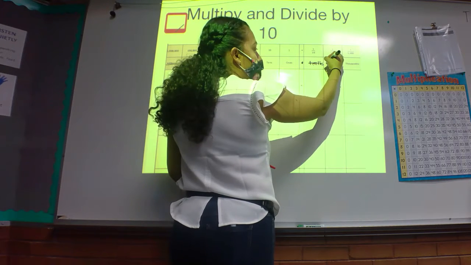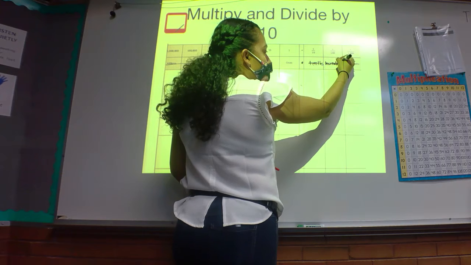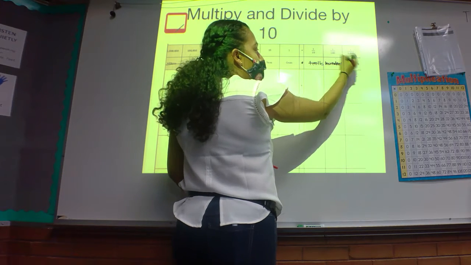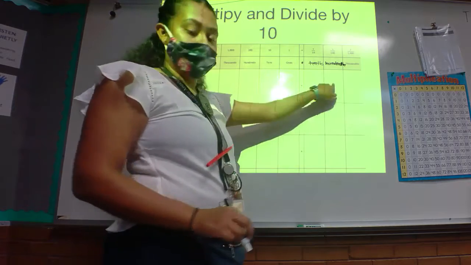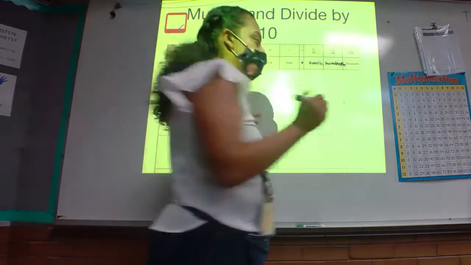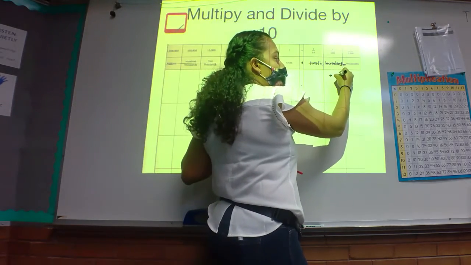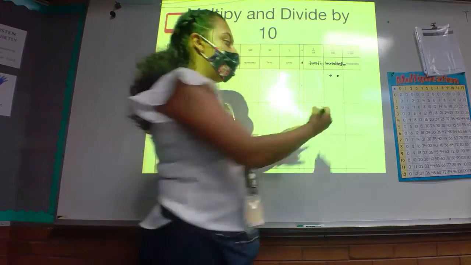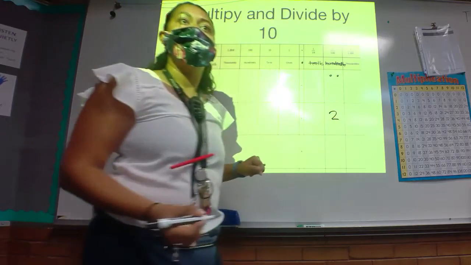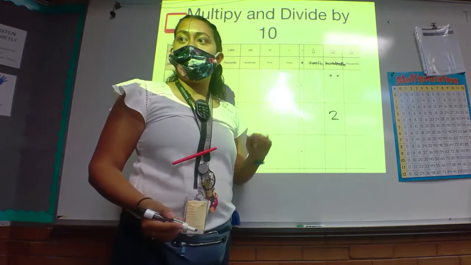Here is our hundredths. It's the same order every time, okay? So we need 2 hundredths. So that would be 2 discs. Elian, 2 discs. Or the number 2. 2 hundredths.